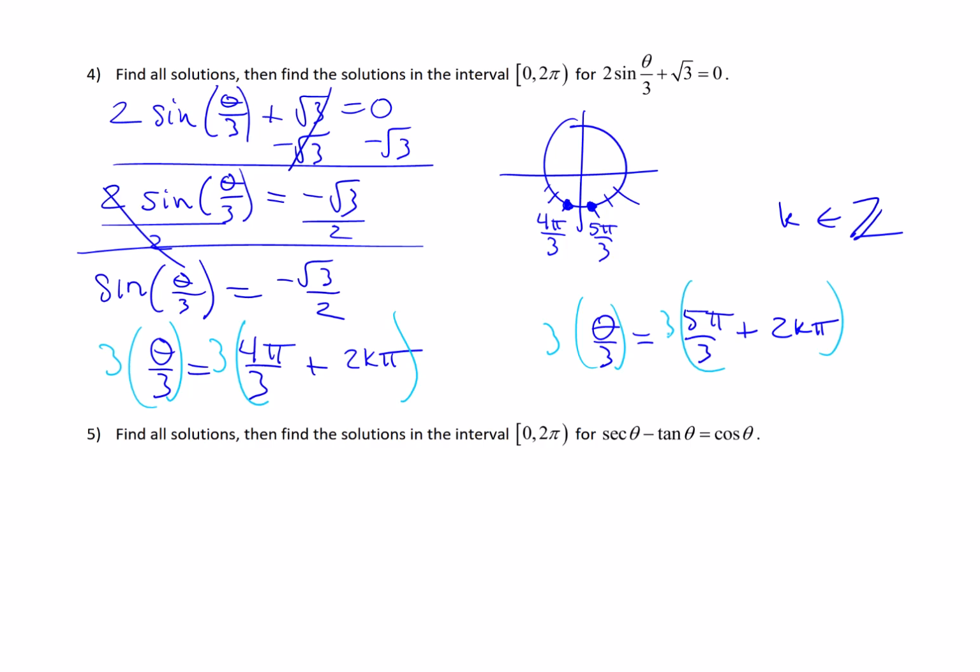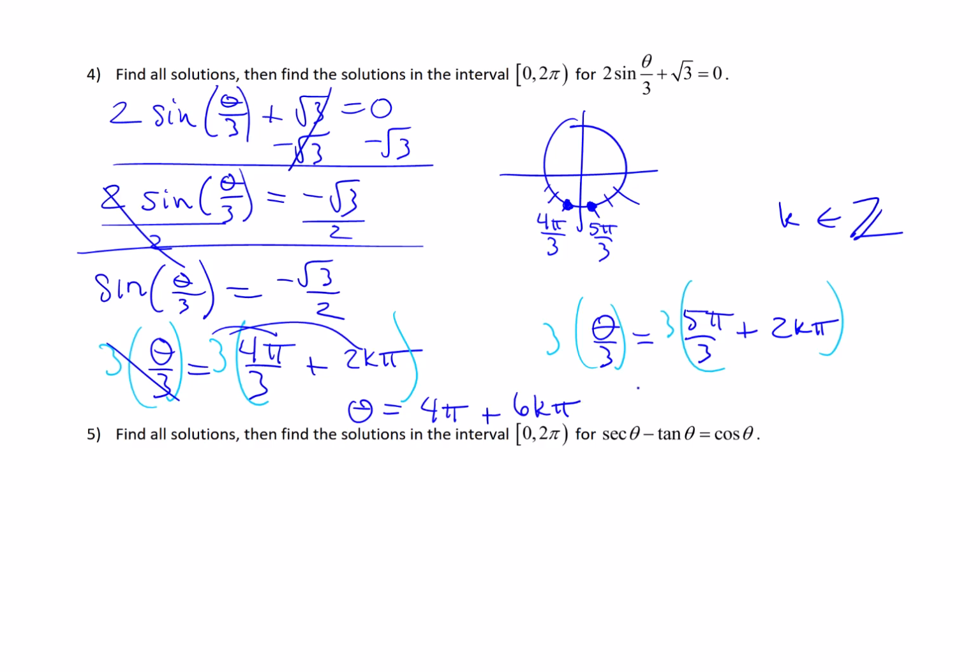If we do that, we end up with, in the first case, theta equals, if I multiply by 3, the 3's cancel, giving us just theta by itself. But then also on the right side, if I distribute the 3 into those two terms, 3 times 4/3 is just 4, so we got 4 pi, and then plus 3 times 2k pi would be, well, 6k pi. That would be our first solution.